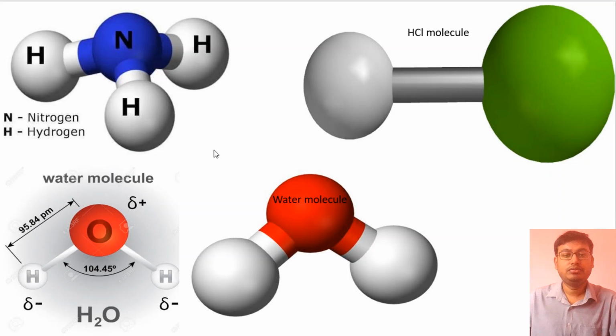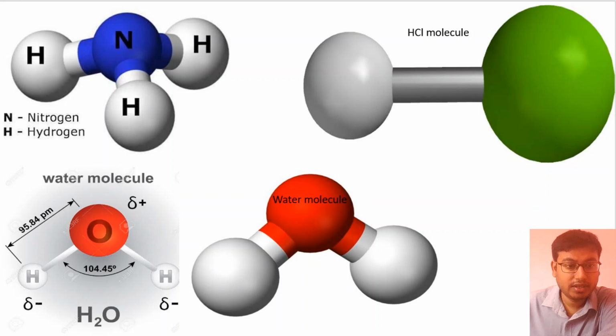So on your screen you can see we have taken three molecules. The first one is the ammonia molecule. The second one is the HCl molecule, hydrochloric acid molecule, and the third and fourth are of the water molecule, that is H2O. In the first molecule, the ammonia molecule, there are three atoms of hydrogen and one of nitrogen. Here the nitrogen atom is lying at the top and the three hydrogen atoms are lying at the bottom.